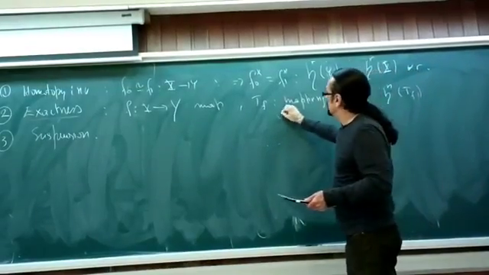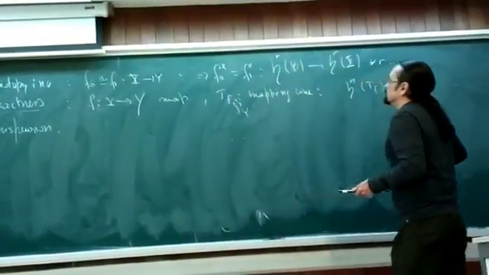So there's a canonical inclusion of y in here. Let's call it j.